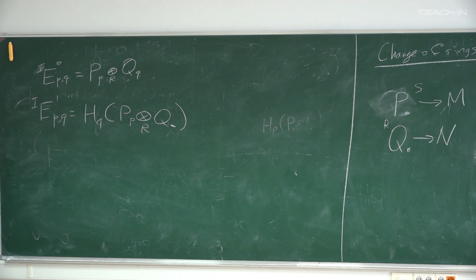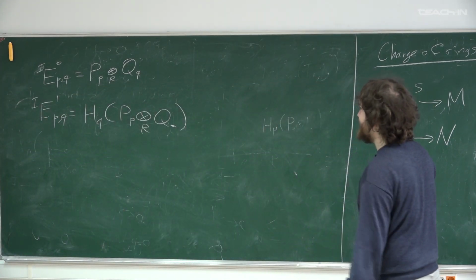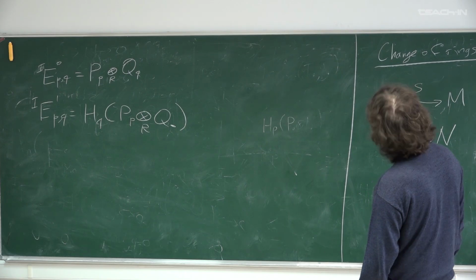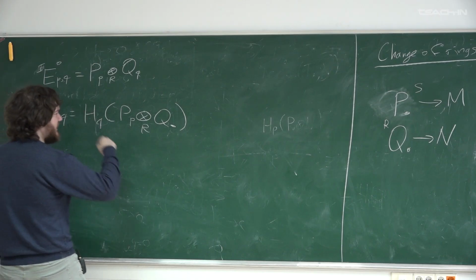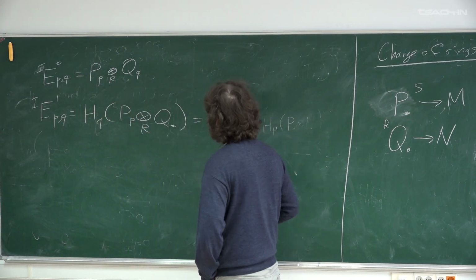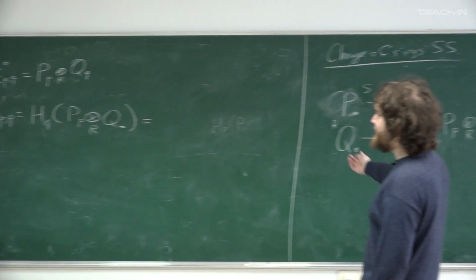Is it Tor? It's not Tor, because why? It's N times R once again, no? Once again we obtain what we got the previous time, N times R. Sorry, you're right. Q is just projective.